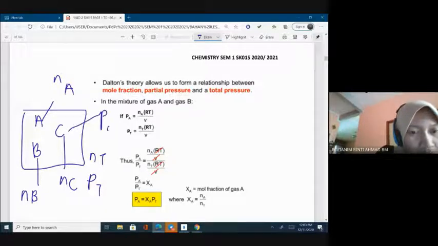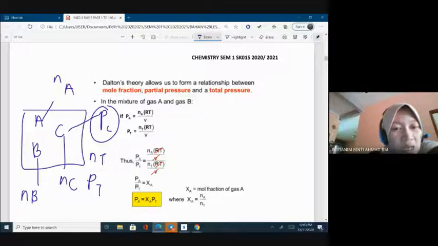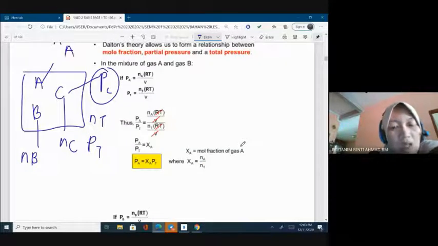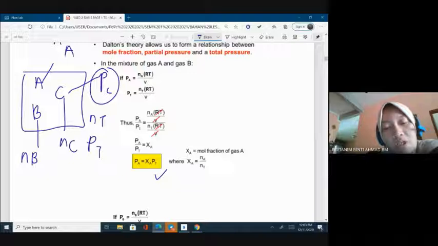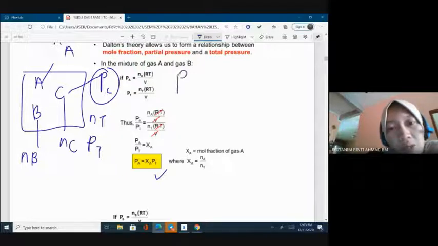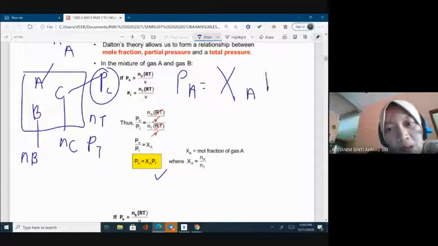Calculate the partial pressure for C. How do you find the partial pressure for each gas without any volume or temperature? We can use the concept of mole fraction. To calculate the partial pressure for A using the mole fraction, partial pressure of A equals mole fraction of A times P total.